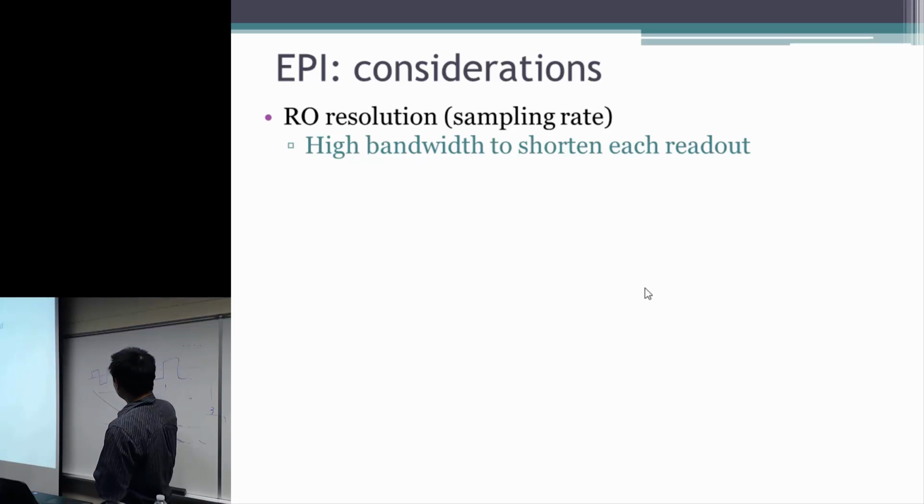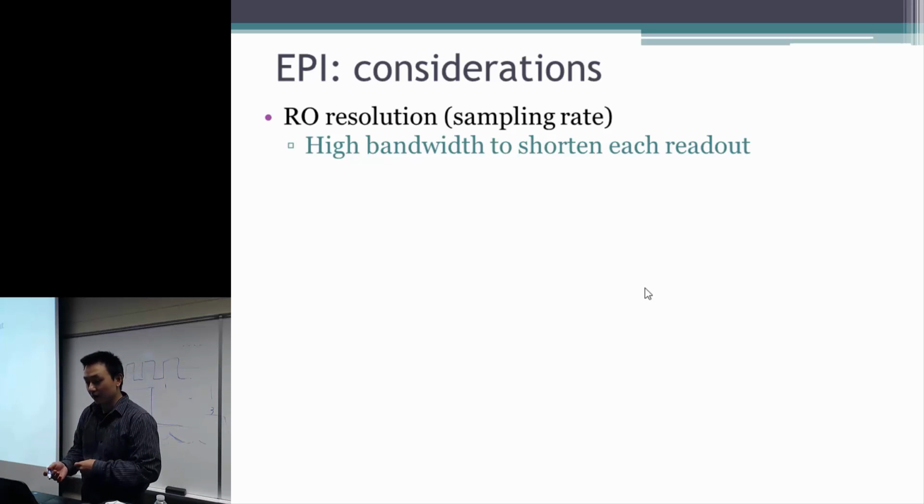That means we want to squeeze all those echoes into a short time, so we also need a relatively high readout bandwidth, so that the sampling rate is very fast for the readout.